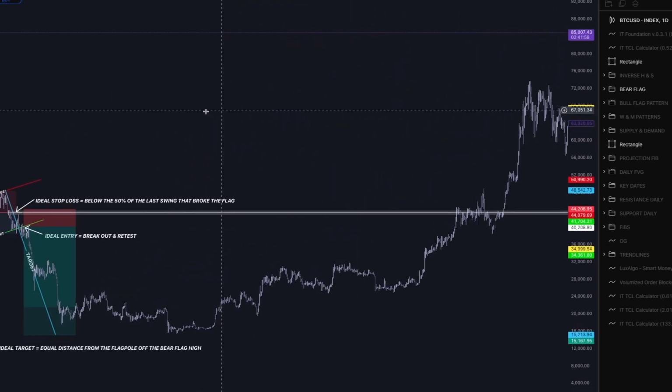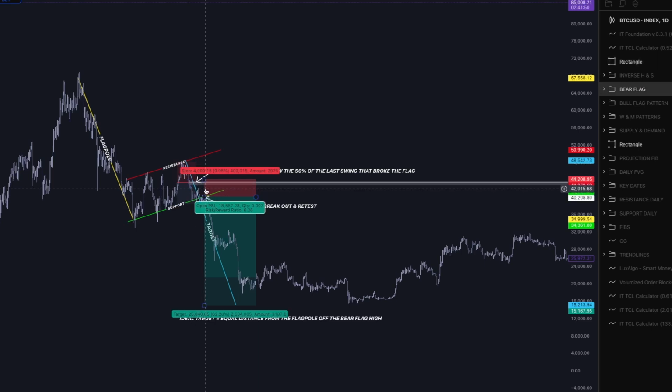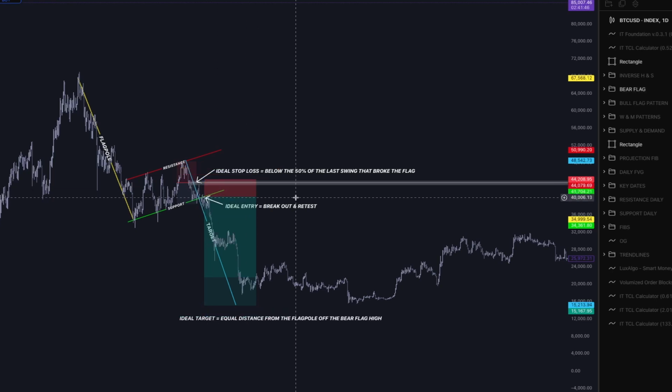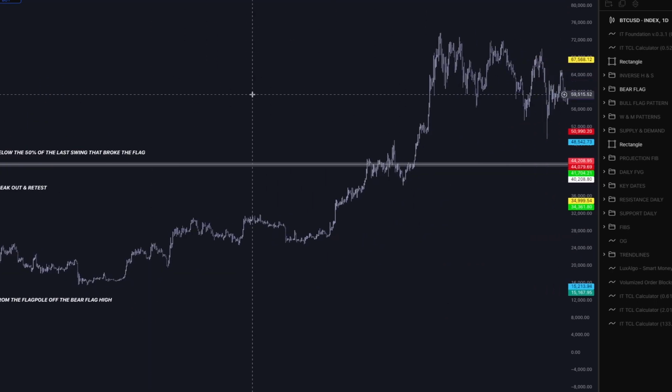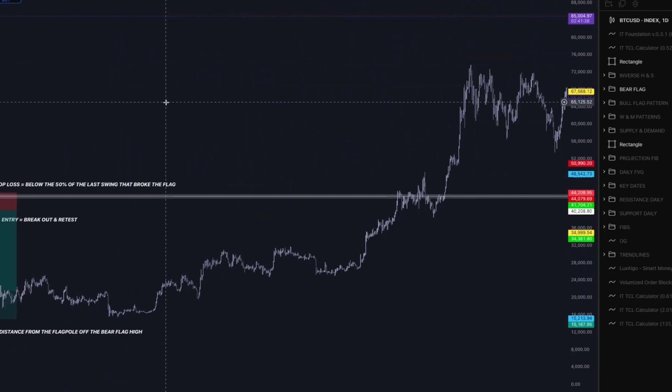What I technically look for in a bull flag and a bear flag to be very clean is an ascending or a descending channel.